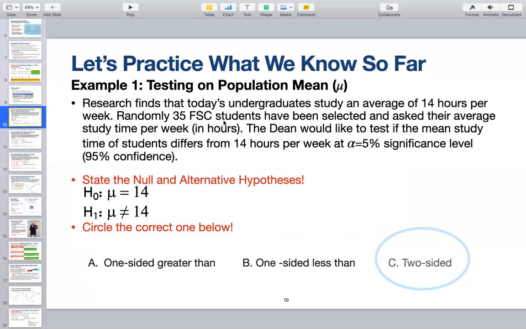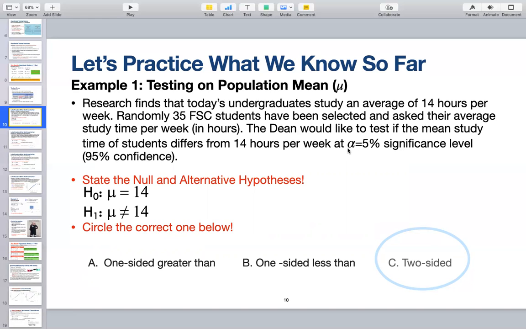Thirty-five Florida college students have been randomly selected and asked their average study time per week in hours. The dean would like to test if the mean study time of students differs from 14 hours per week. Again, alpha is the probability of making a type 1 error and equals 5%, and it is also called the significance level.